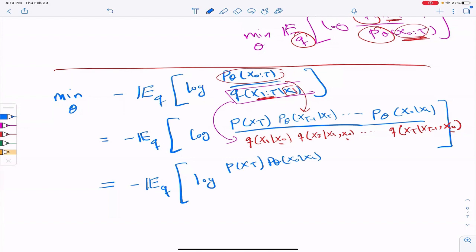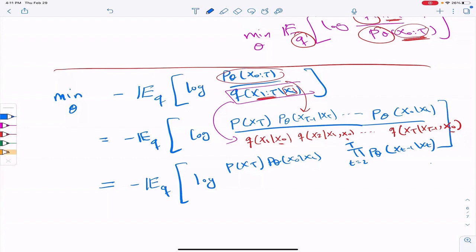For the rest, I'm going to write a product over t from 2 to capital T of p theta of xt minus 1 given xt. That's basically the first term here, the last term here, and the rest of the terms covered in that product.